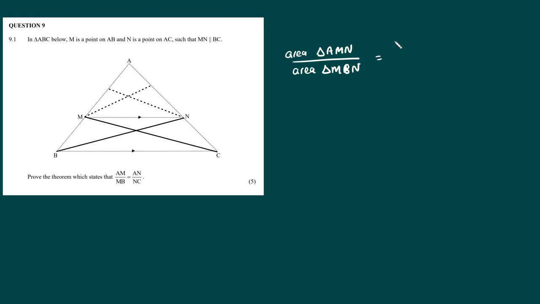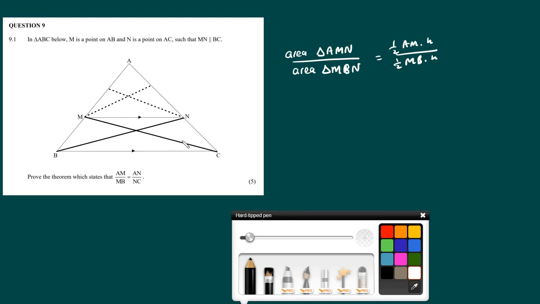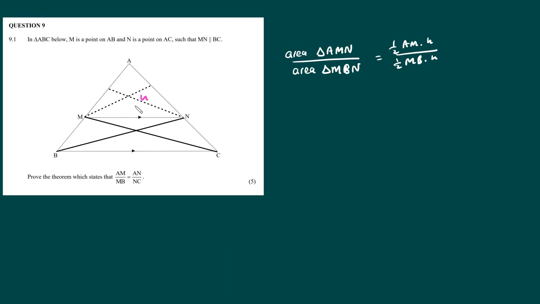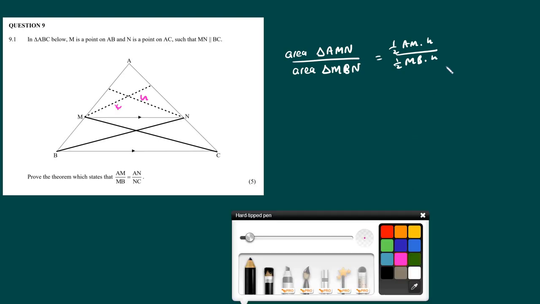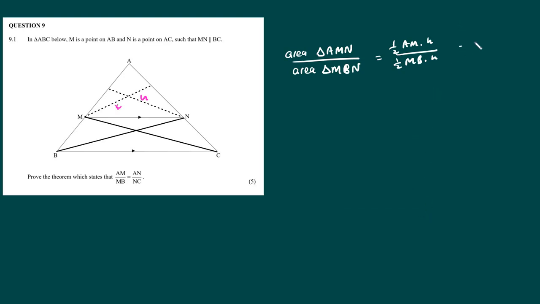MBN. So that will be half AM times H all over half MB times H. Where do I get the H? I'll just put a nice H there. So a nice H there, and then this one I'll call it K. Then you would be proving it nicely and fast.